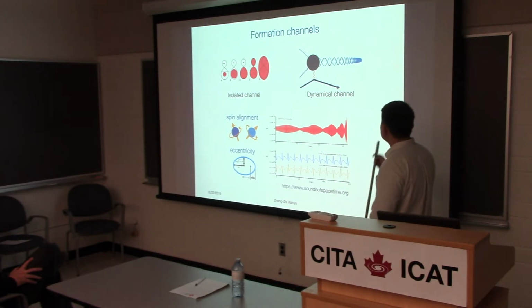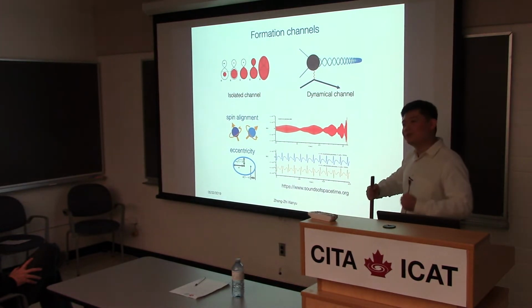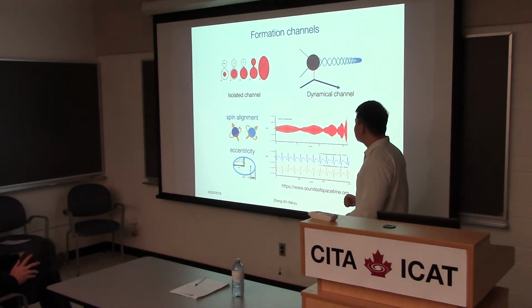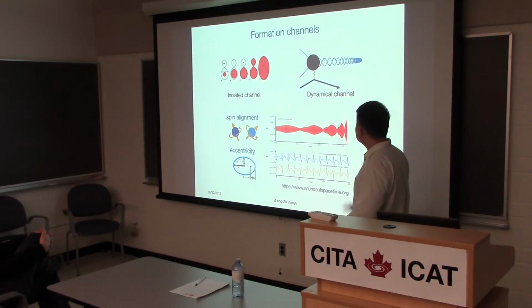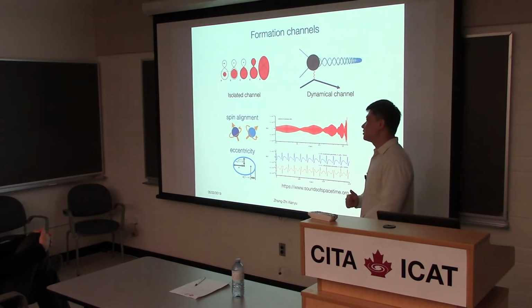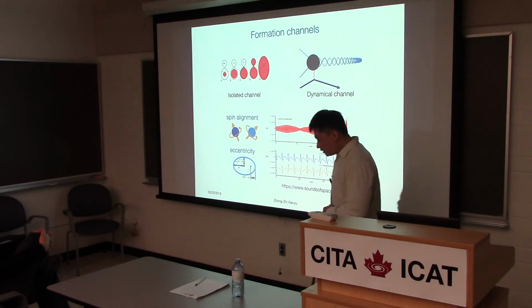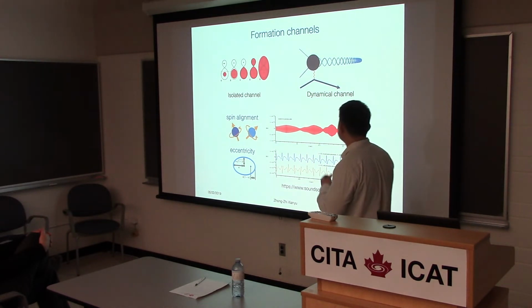But for dynamical channel, you can have some funny interactions between the binary and third body, and I will spend a large fraction of my talk talking about this dynamics, show you that you can have significantly large eccentricity generated in this channel. And how would you see eccentricity in waveform?